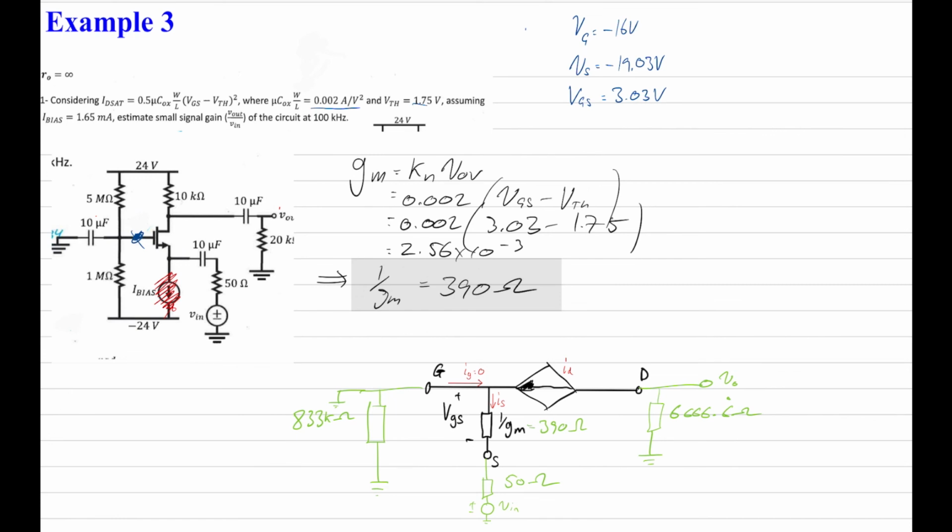So what we have to ask ourselves now is, how are we going to find the V out on V in? We've got V in over here, and we've got V out over here. And we need to find a way of finding V out on V in. That's the purpose of the whole task, which is the gain, small signal gain. So how can we do that?